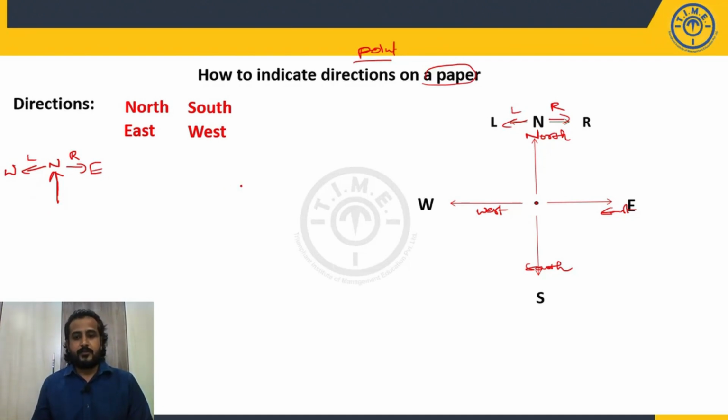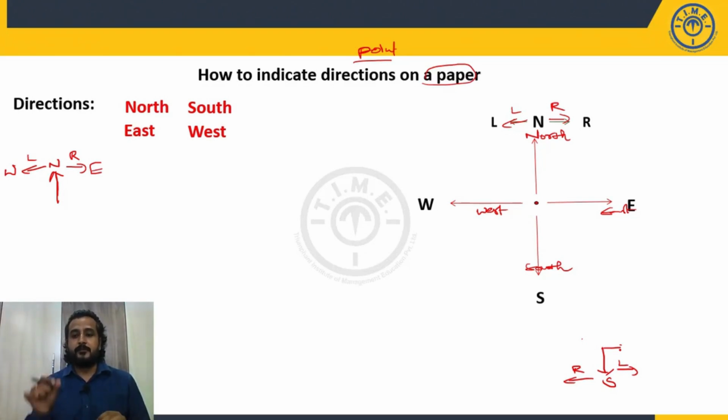Now, while the person is moving towards south, this will be the left hand side and this will be the right hand side. It is quite opposite to your direction. Your left hand will be that person's right hand side and your right hand will be that person's left hand side. So do not assume you are the person.